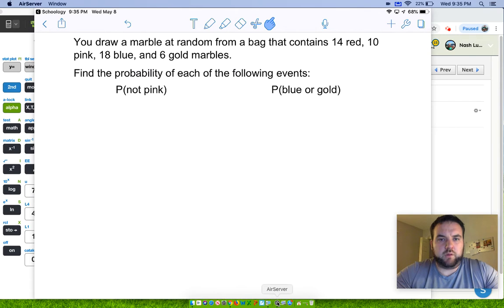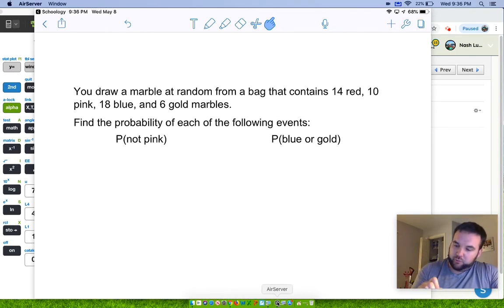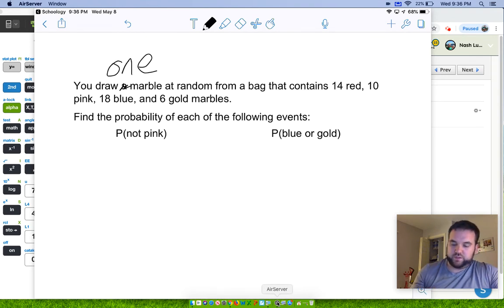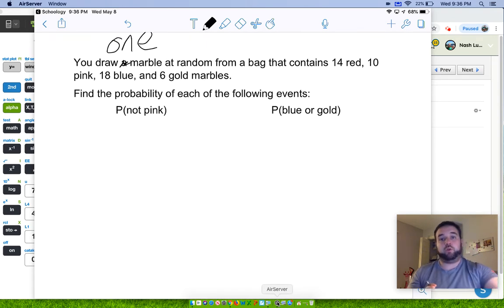If you draw a marble at random from a bag, so there's a bag of marbles. It contains 14 reds, 10 pink, 18 blue, and 6 gold. Find the probability of each of the following events. I guess I could be a little bit more clear with this. You are only taking out one marble. So what is the probability that the marble you pick is not pink?